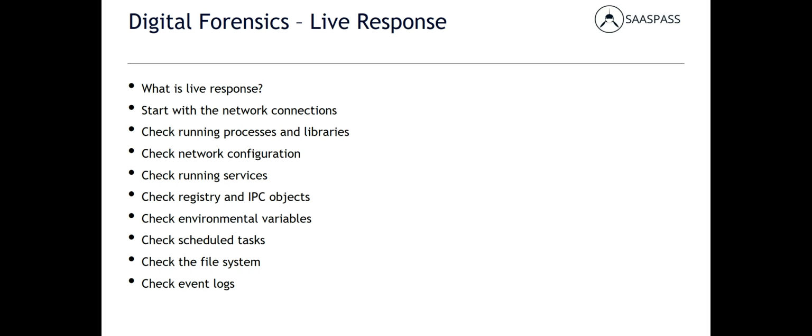For example, you can use PS tool, or you can also use WMIC for Windows boxes, and you can see the running processes and also the relevant libraries. I say relevant libraries because when you check the processes, you may just see the process name or the command line that initiates this process, but these may seem adequate.